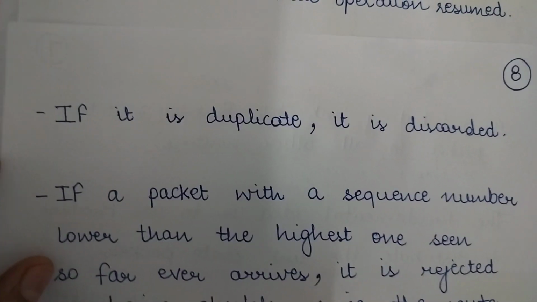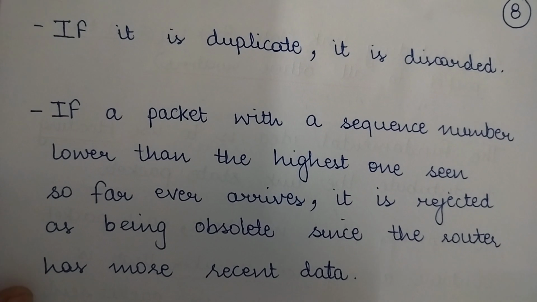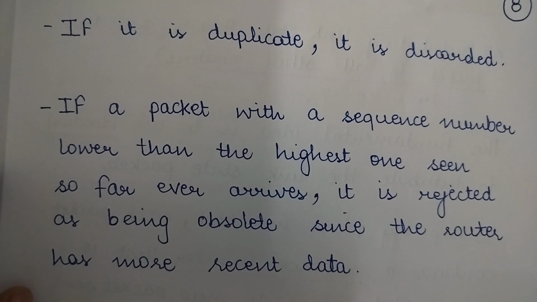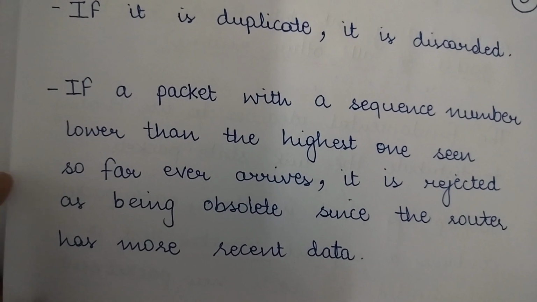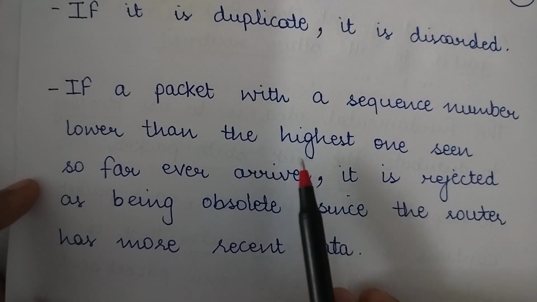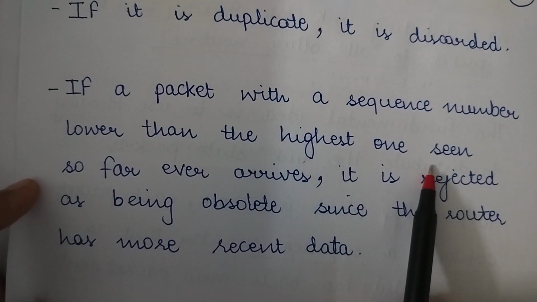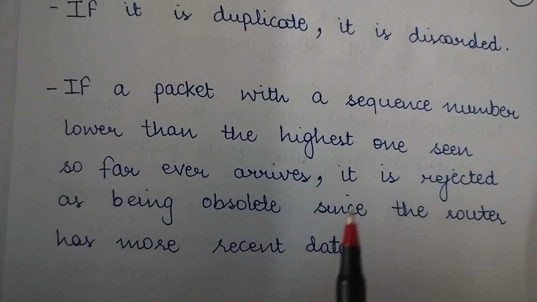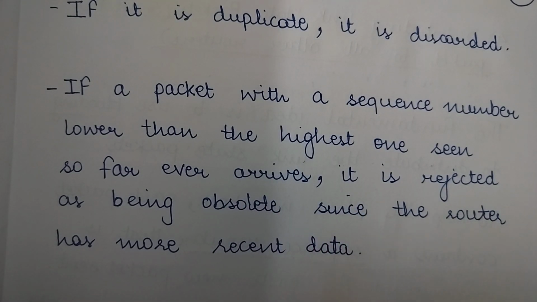If it is a duplicate packet, it is discarded because we do not need duplicate packets, and this is how we control flooding. If a packet with a sequence number lower than the highest one seen so far arrives, it is rejected. Every time a new packet arrives, the sequence number is incremented, so a new packet will have a sequence number higher than the previous one.